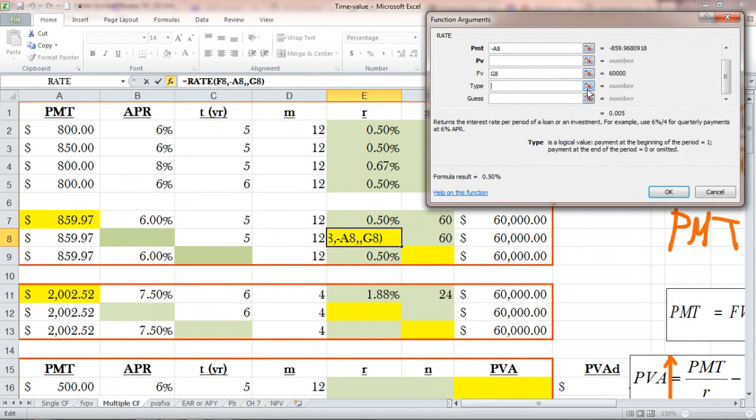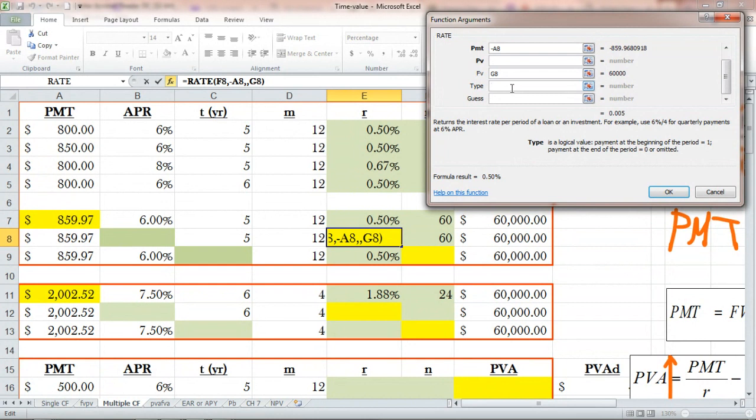Instead, they will say the deposit is made at the beginning of the month, or the payment is made at the beginning of each period, and that means it's annuity due, right? And then if it is ordinary annuity, you don't enter anything there. You leave it blank or enter 0. If it is annuity due, you enter 1.